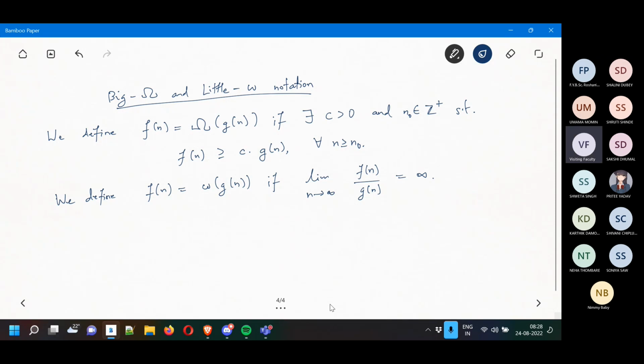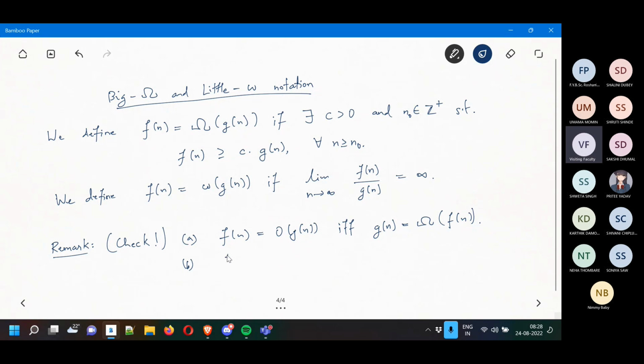So is this much clear to you? Then immediately what do we get? You check this on your own. It's like small homework for you. Firstly, f of n is big O of g of n if and only if g of n is big omega of f of n.